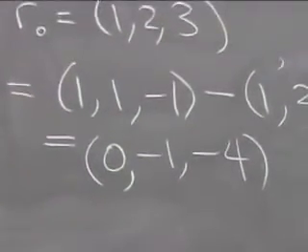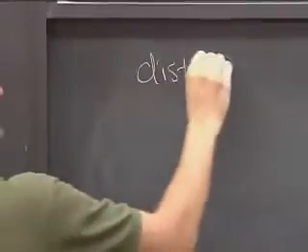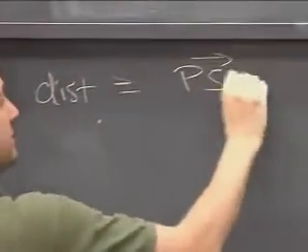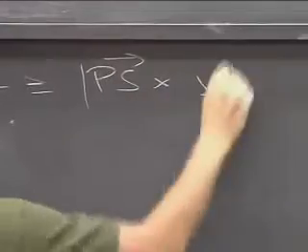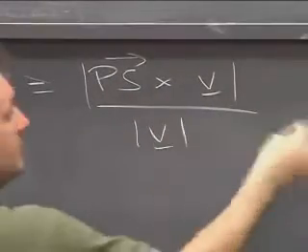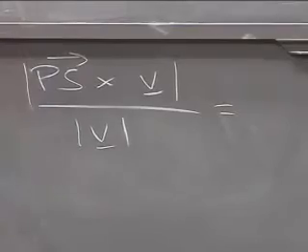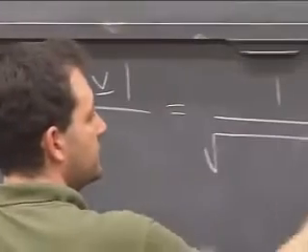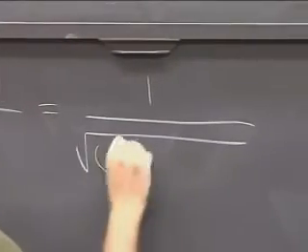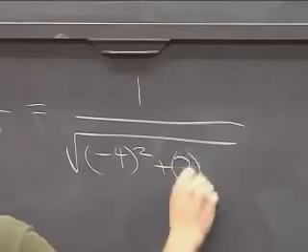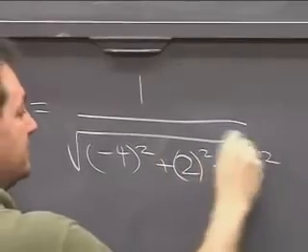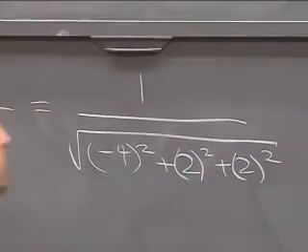And here's my V, so I just whack out the formula. The distance is PS cross V divided by the length of V. The length of V is the square root of minus 4 squared plus 2 squared plus 2 squared. We'll worry about that later. We're going to take this cross product.